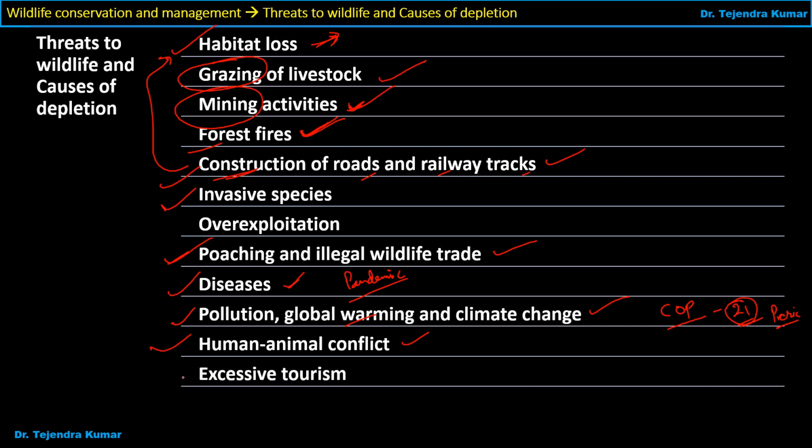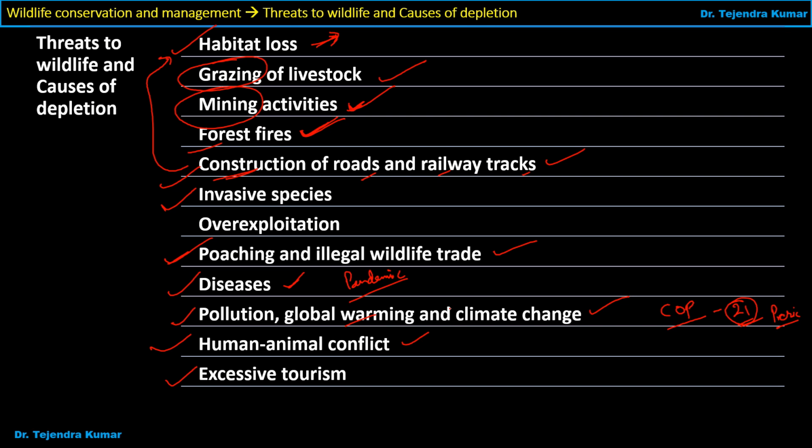Excessive tourism. No doubt tourism is generating revenue for the government, but excessive tourism, beyond the limit, is harmful, because it is always disturbing the natural habitat of the animals. And that's why they always try to escape from that.